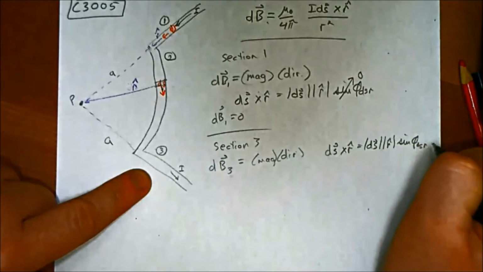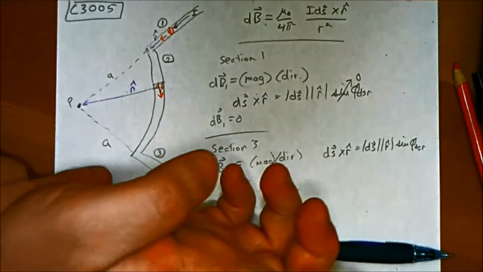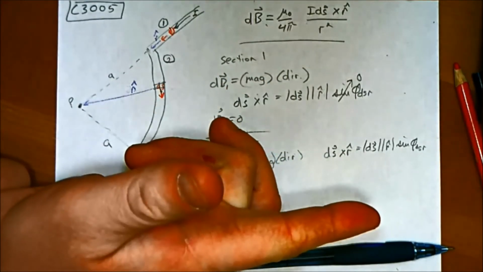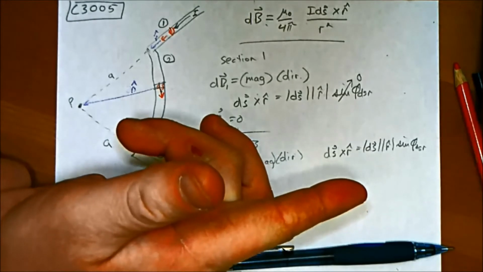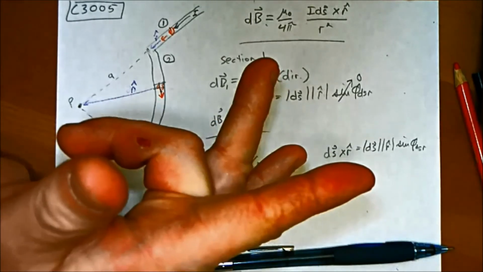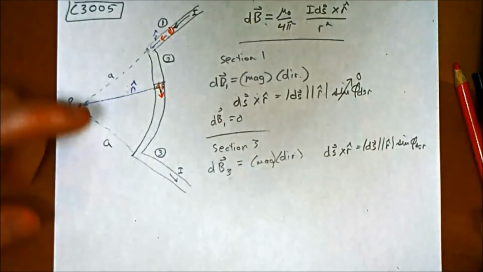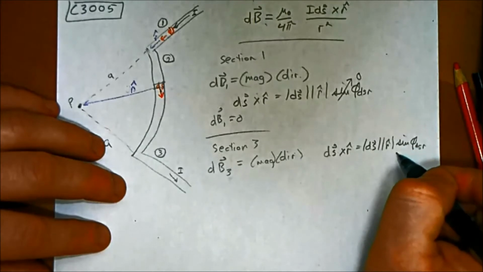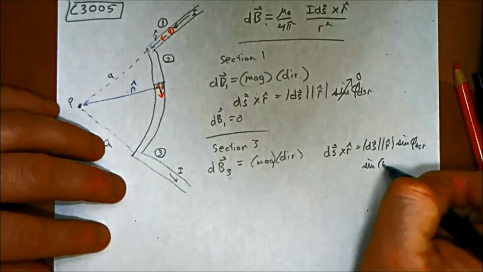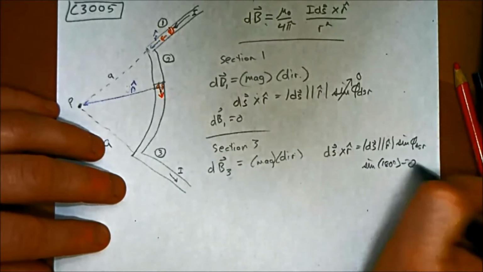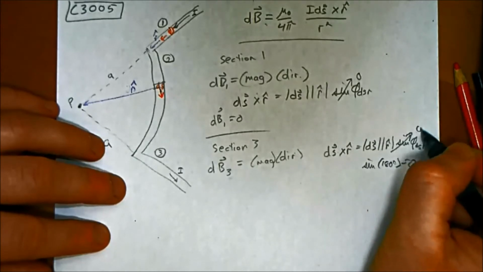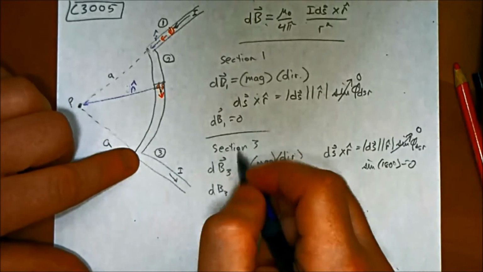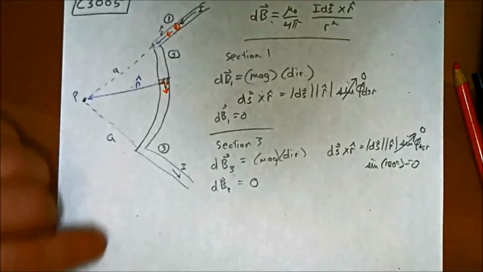Point your index finger in the direction of the first vector, your second finger in the direction of the second vector. Now we've got a 180-degree difference between these two. The area of that parallelogram, again, is 0. Sine of 180 degrees also equals 0. So this cross product equals 0. So the magnetic field all along section 3 equals 0.